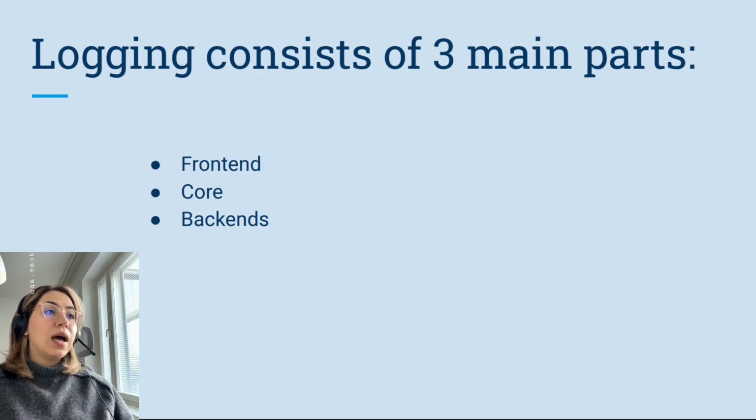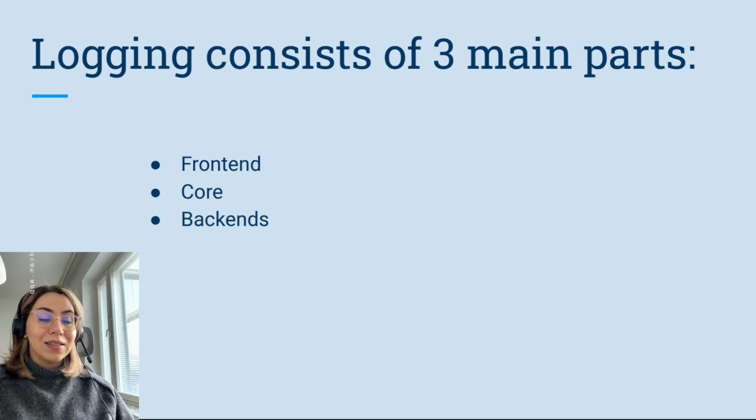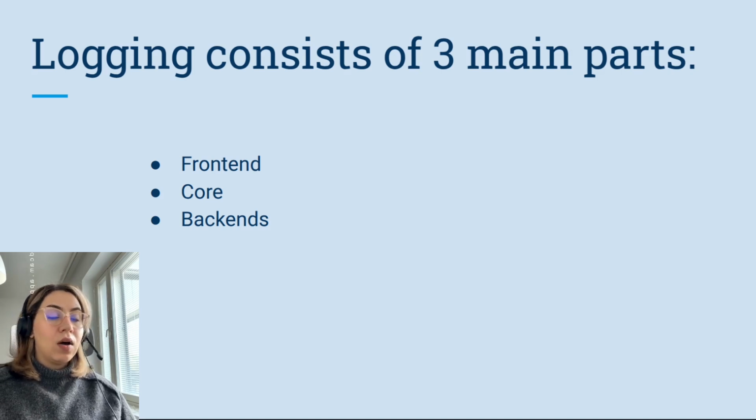We also have the core, that is the brain of the logging system. The core is responsible for processing logs and deciding where they go. It manages log filtering, timestamping, and message structure. It also handles multi-domain logging or cross-domain log transfer.